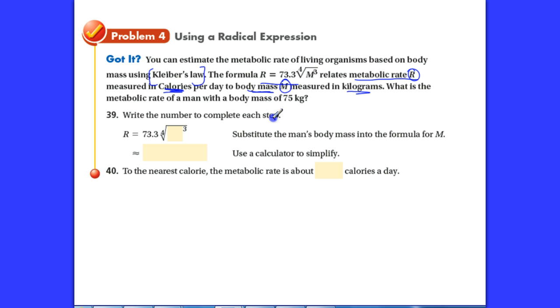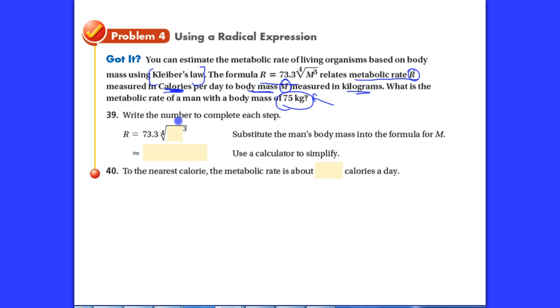What's the metabolic rate of a man that has a body mass of 75 kilograms? So we have someone who weighs 75 kilograms. We can plug it into this formula and calculate the solution here, the metabolic rate of living organisms, which is R.